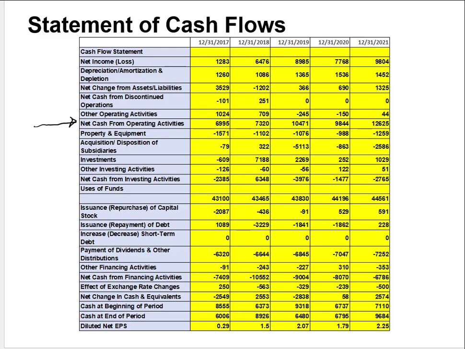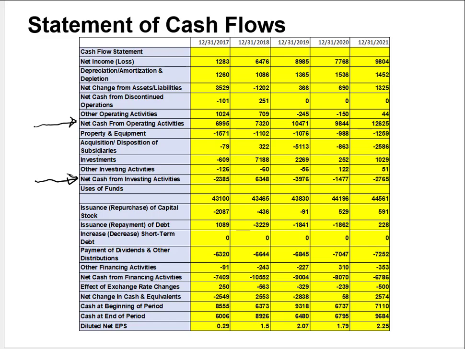If we go down a little bit further, we'll find the net cash that comes from investing activities. So what did they do? They either bought or sold plant and equipment. They either acquired or disposed of subsidiaries. They had some other general investing activities. And we can see that sometimes that's positive and sometimes that's negative.